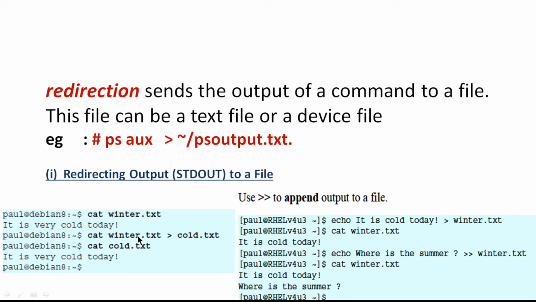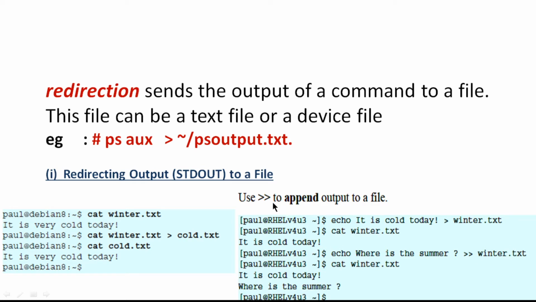Then I have redirected it to another text file, cold.txt. All the content of this file would be moved to cold.txt. I can check the cold.txt content now. I have given cat cold.txt, and you can find out that cold.txt is holding the content of winter.txt. Whatever content of the file was there is moved to the next file.